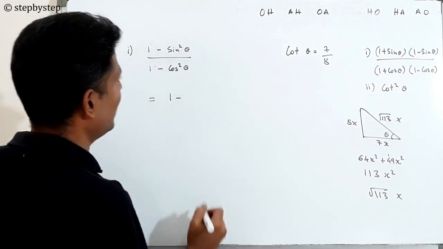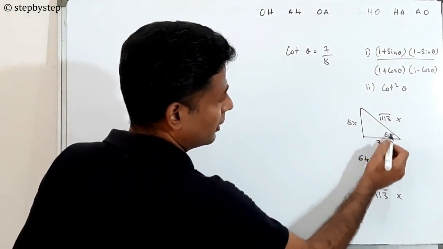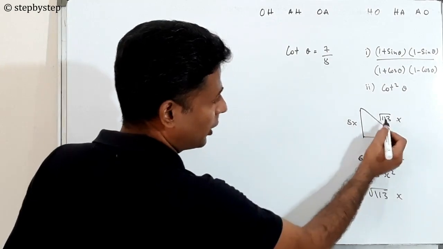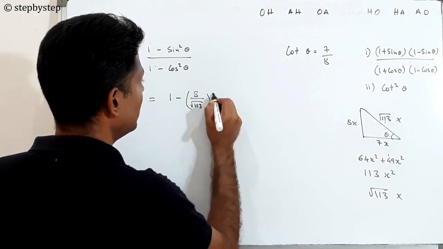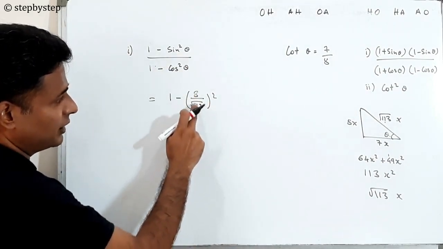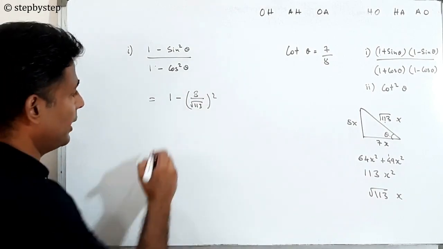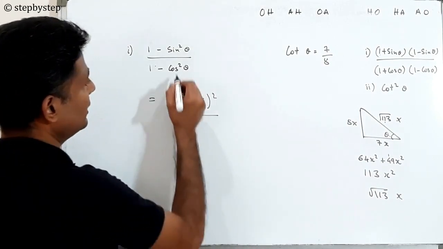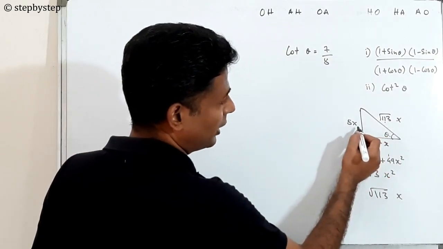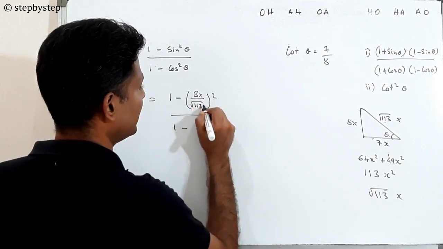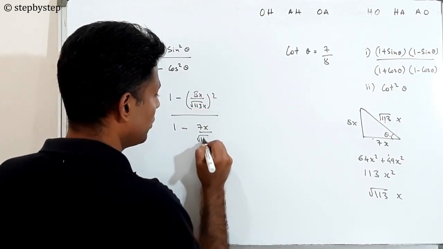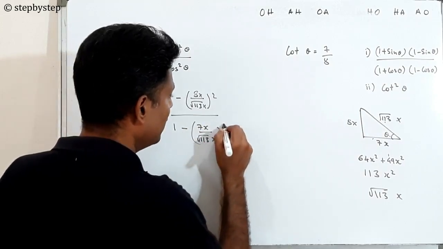So now this becomes 1 minus, what is sin theta? Sin is opposite by hypotenuse. So I'll get 8 by root 113. It is not sin theta, it is sin square theta, which means sin theta whole square, by 1 minus cos square theta. Cos theta is what? Adjacent by hypotenuse. So 7 by root 113 whole square. Why?